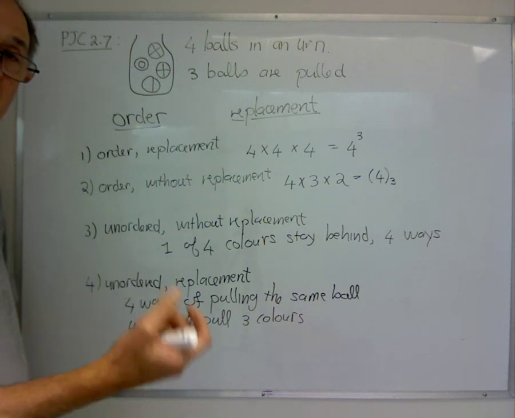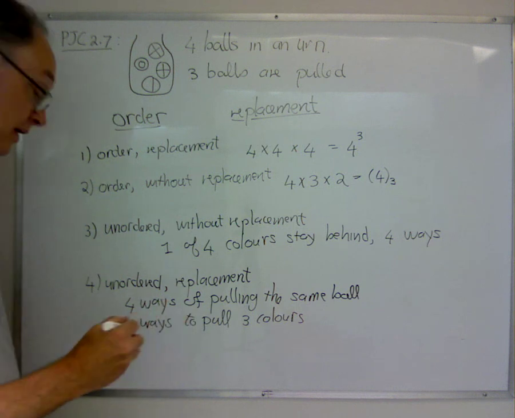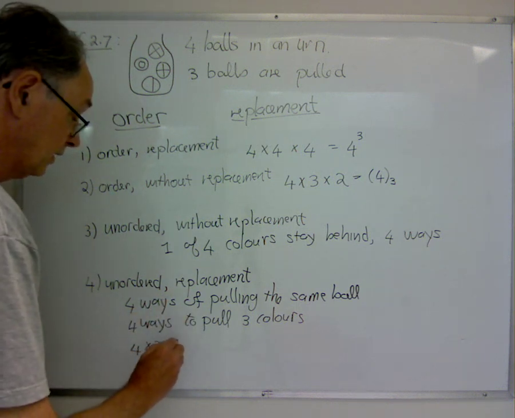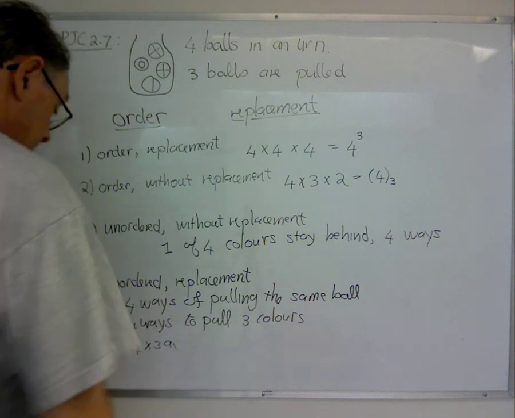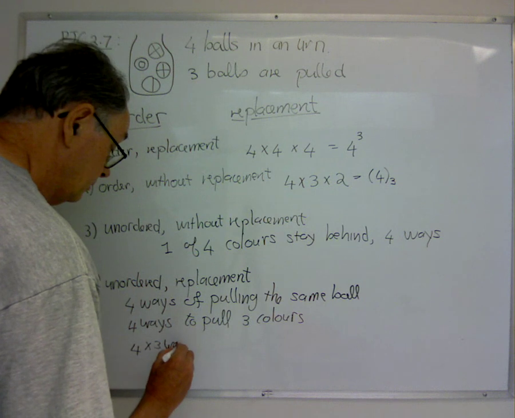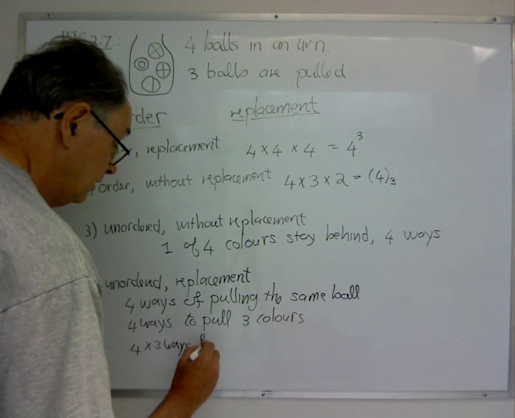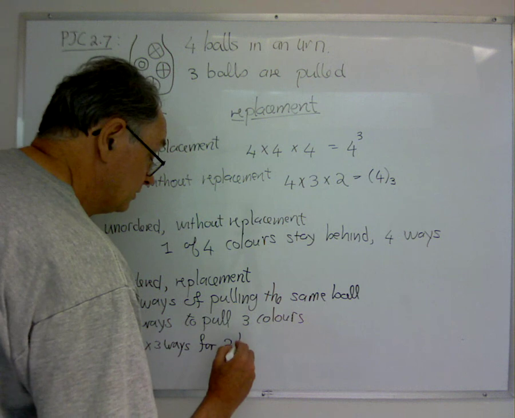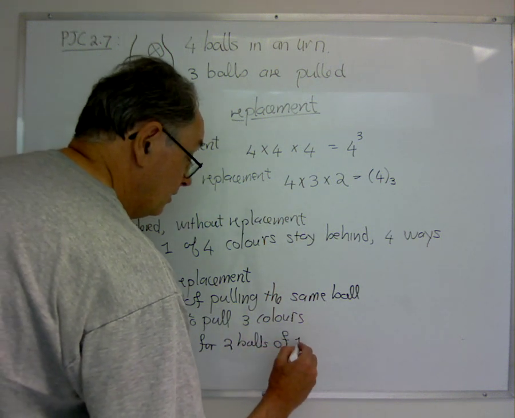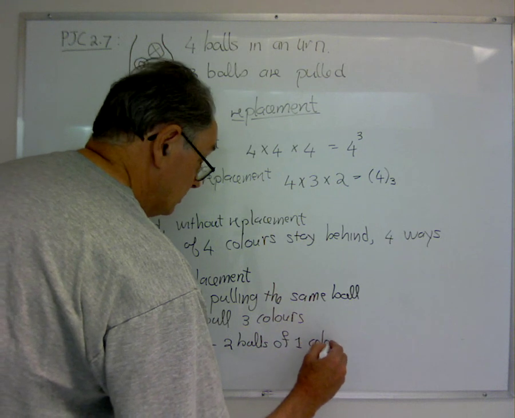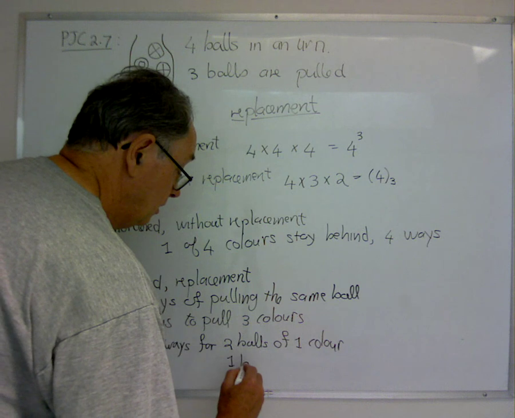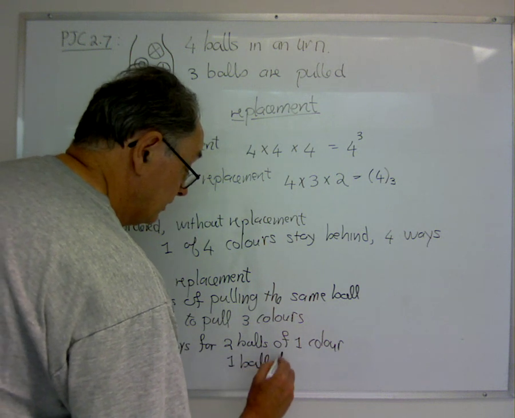And then you have to pull a ball of a different color, and there's only 3 colors left. So 4 times 3 ways for 2 balls of one color, of course, this is with replacement, so that can happen, and 1 ball of another color.